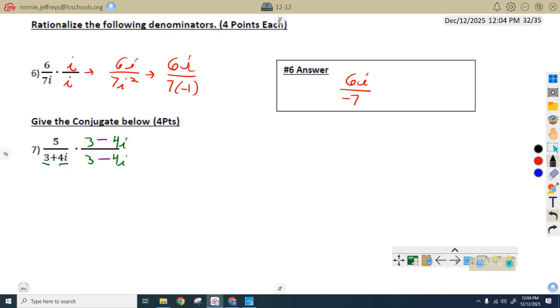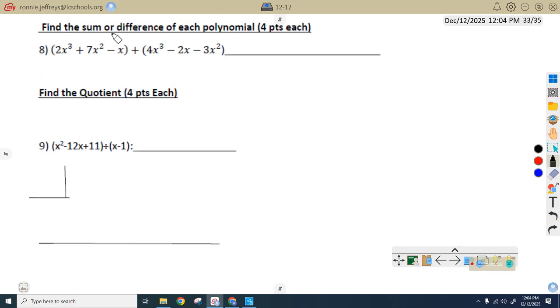All right, so I'm combining like terms. Seven, and then this is plus 4x squared minus 3x.